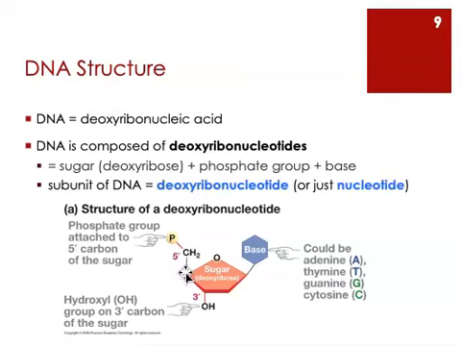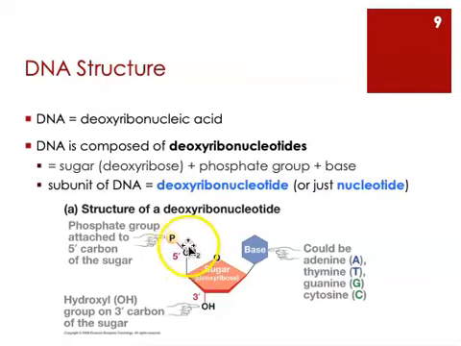And the 5th carbon is actually not part of the ring. The 5th carbon is right here. And you'll notice that that one is also labeled. That one is labeled 5 prime. That particular carbon is also going to be important to us when we orient ourselves in the actual DNA molecule.